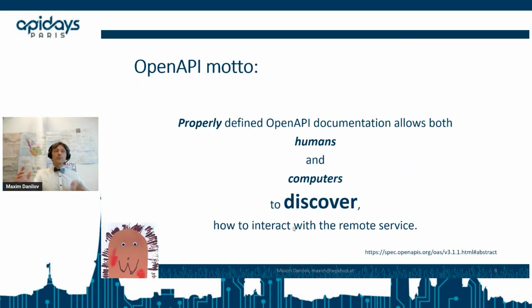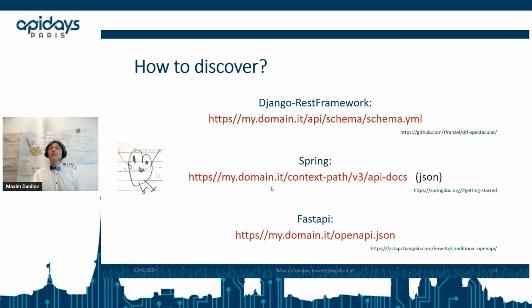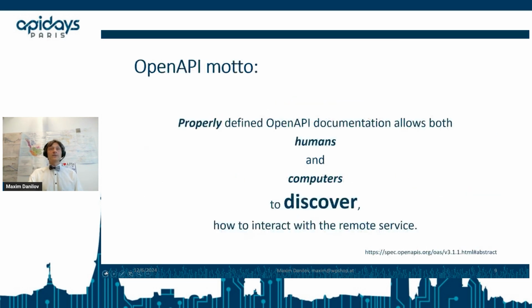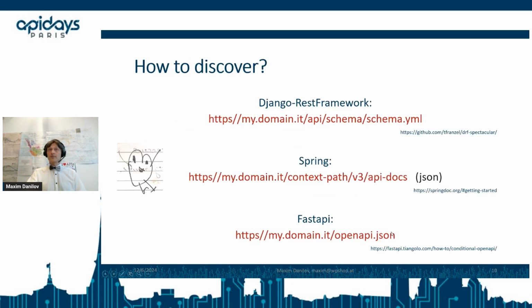And the important OpenAPI motto is: properly defined OpenAPI documentation allows both humans and computers to discover how to interact with remote services. And what about discovery? How to discover?